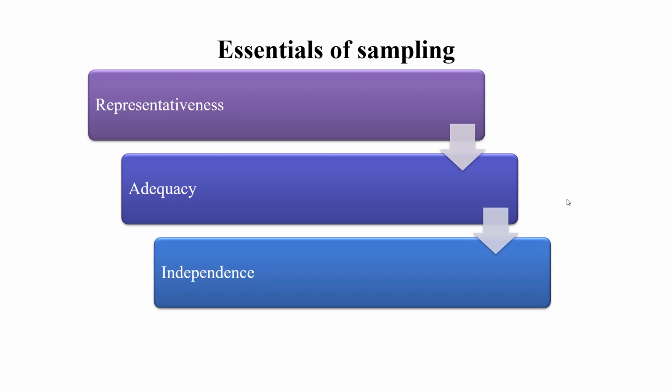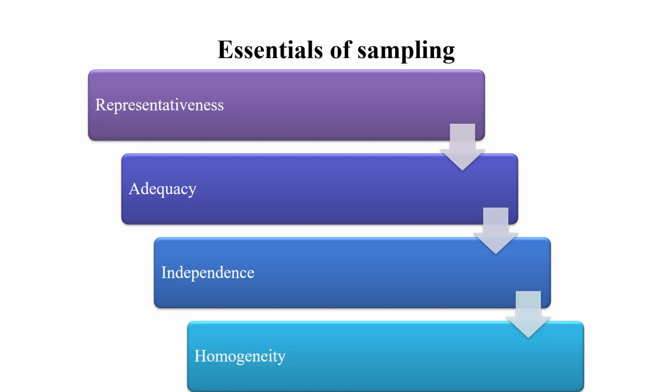Independence: all items of the sample should be selected independently of one another. That means all the items of the universe should have the same chance of being selected in the sample. Here, independence means the selection of a particular item in one draw should not have any influence on the probabilities of selection in another draw.